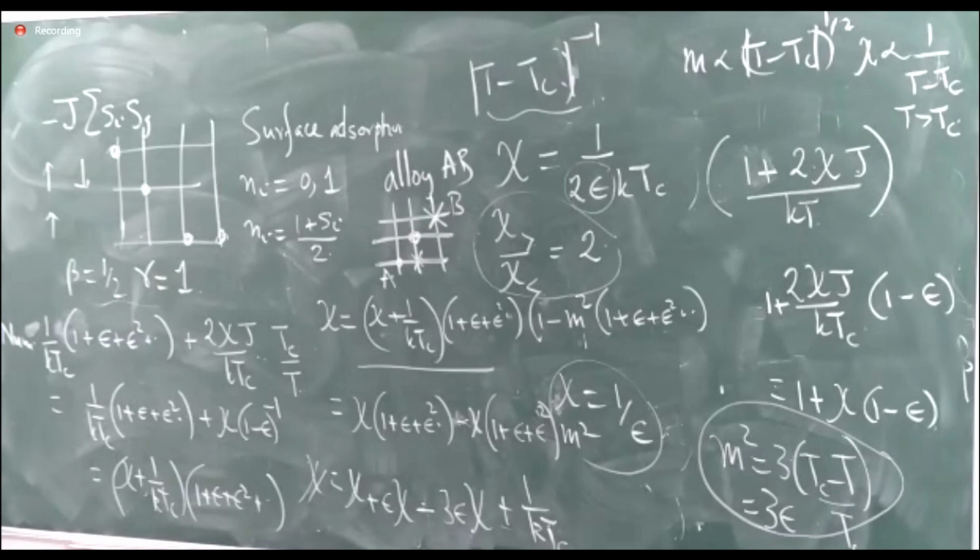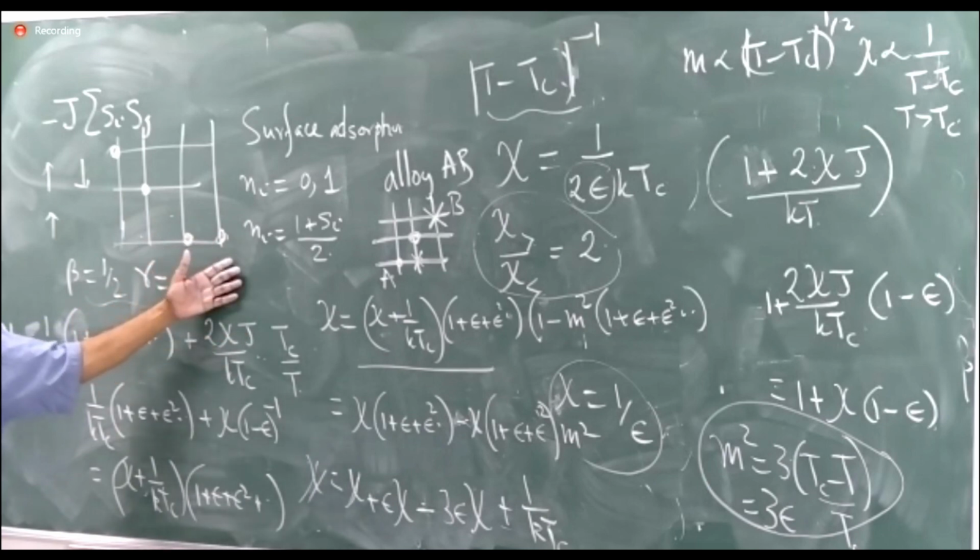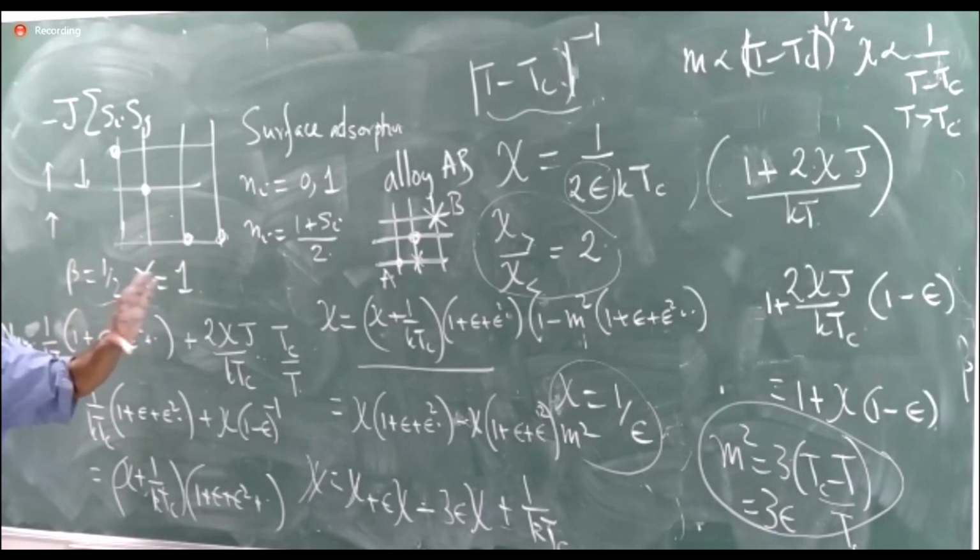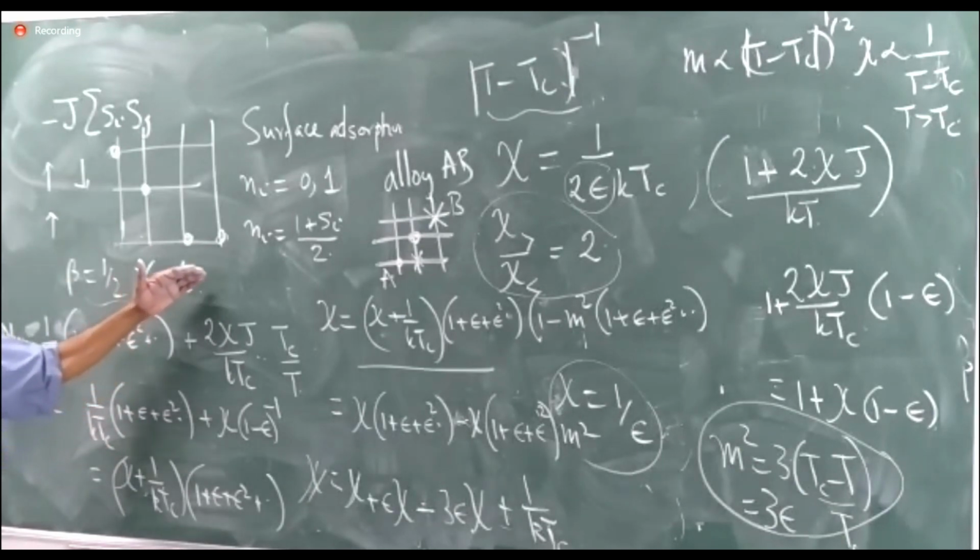We'll start out with a continuum description, and so how does one, what is a mean field theory? Over here, we did van der Waals, starting out with a mean field equation of state, did the calculation, and found exponents which were consistent with the mean field equation of state that we started out with.